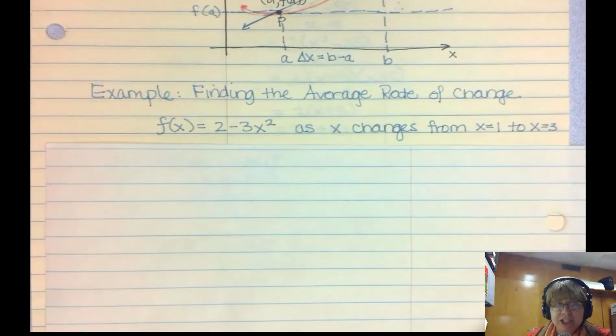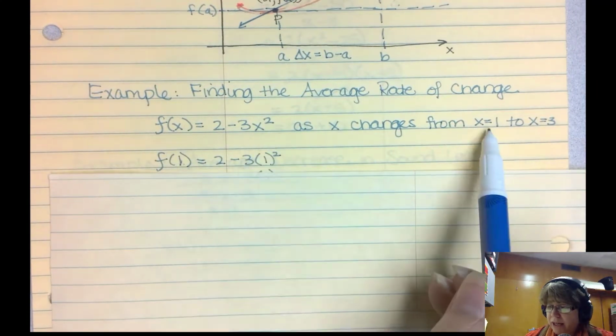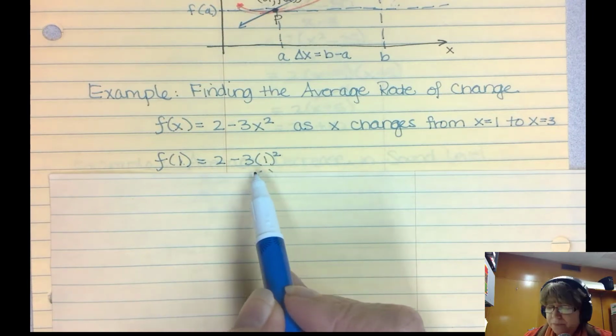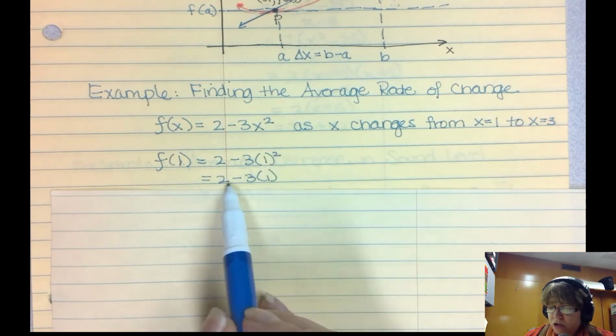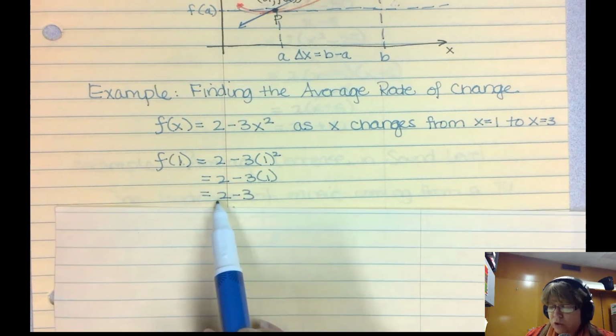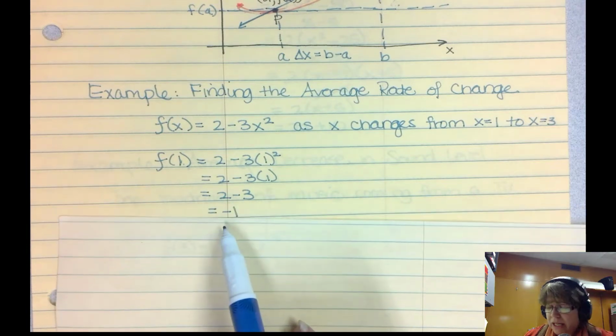So a few calculations here. F of 1: wherever we see an x, we're going to plug in this 1 value. 2 minus 3 times 1 squared. 1 squared is 1, so 2 minus 3 times 1. That's 2 minus 3, and we get negative 1.